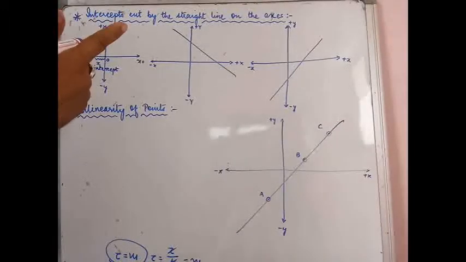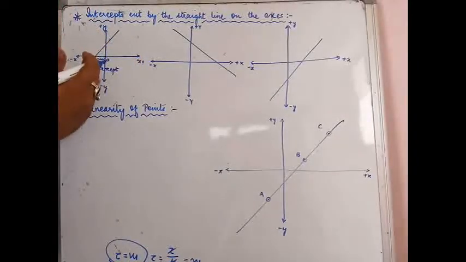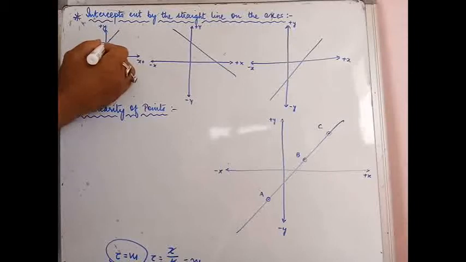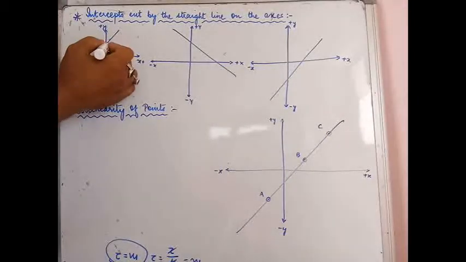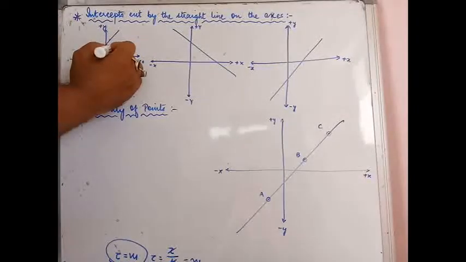Similarly, if a person wants to know what is the value of the y-intercept made by this line, then you will look for the point where this line is cutting the y-axis. So y-axis is this, line is this. So where is it cutting? It is cutting at this particular point. So again, from the origin up to this point, you can say that this portion is known as the y-intercept.